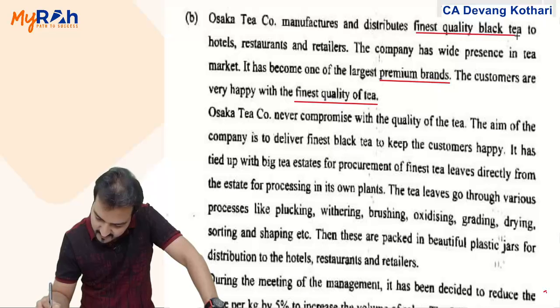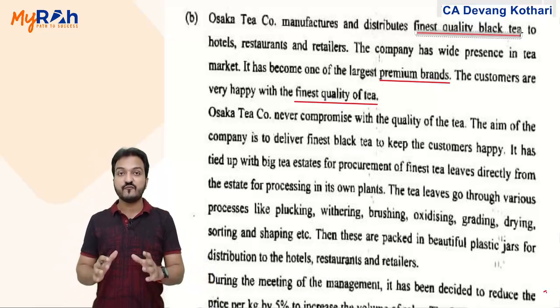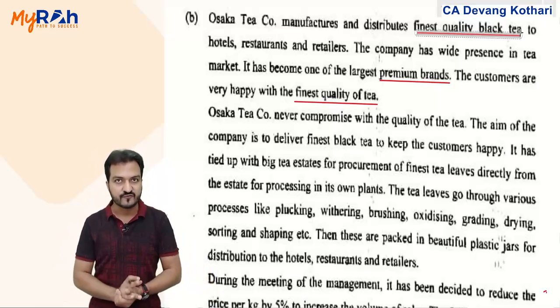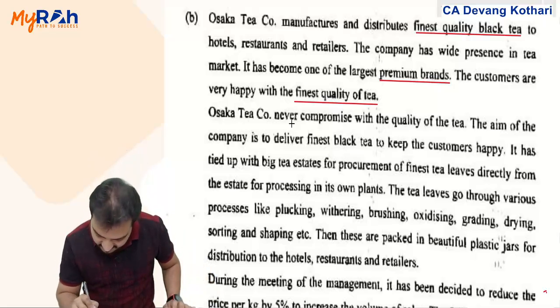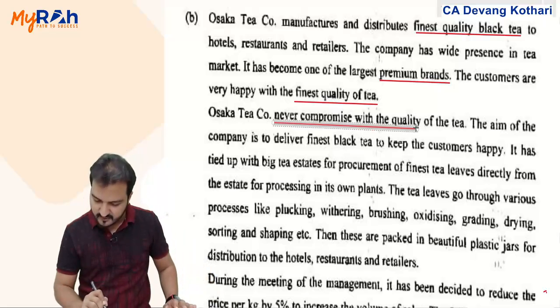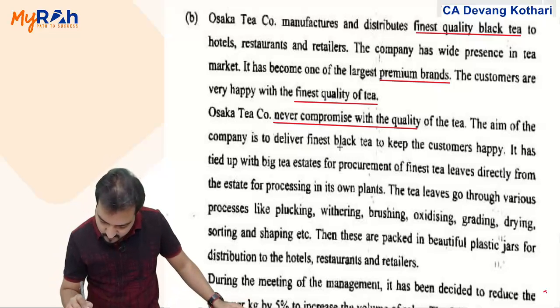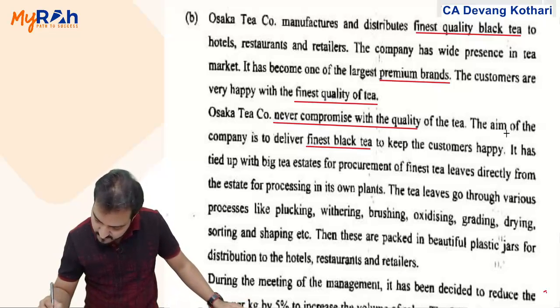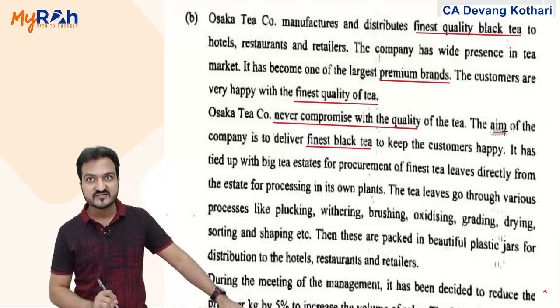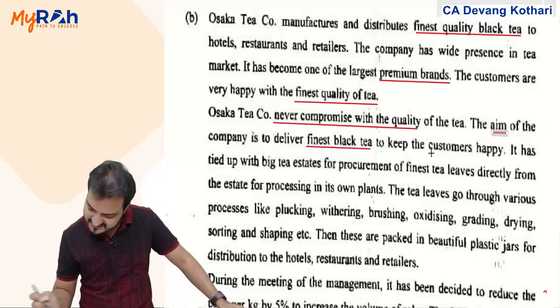So the company is mainly focusing on producing the best quality of tea. Plus they say they never compromise with the quality of the tea. The aim of the company is to deliver finest black tea to keep the customers happy.